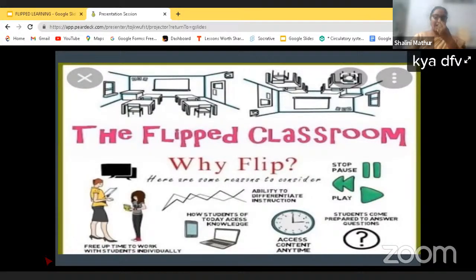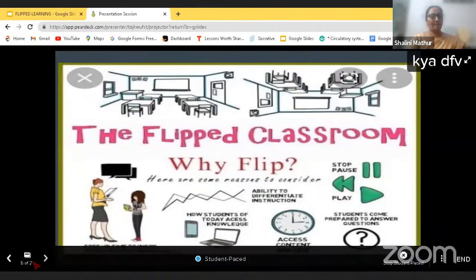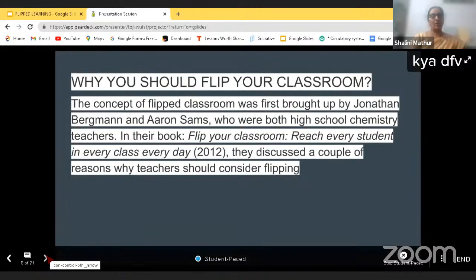So like this, we cannot say that we can completely come back to normal and completely implement the traditional classroom. So why flip learning? Now let us see. Why should we flip the classroom? Why do we have to flip the classroom?